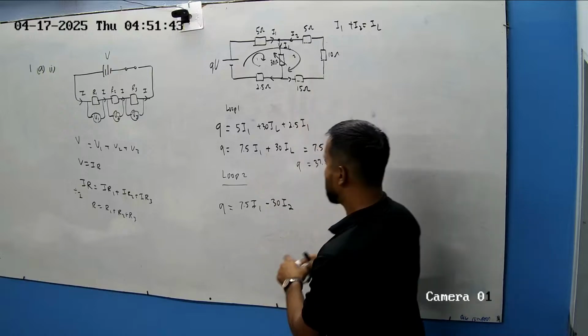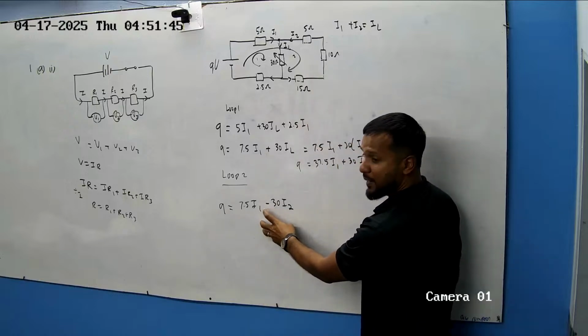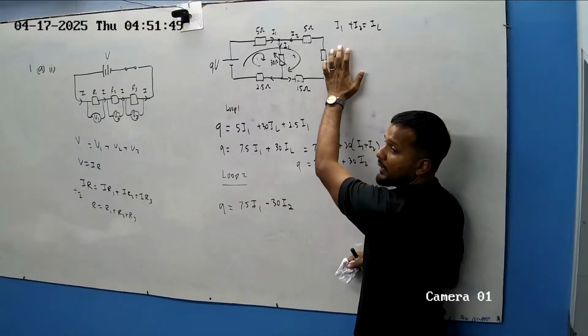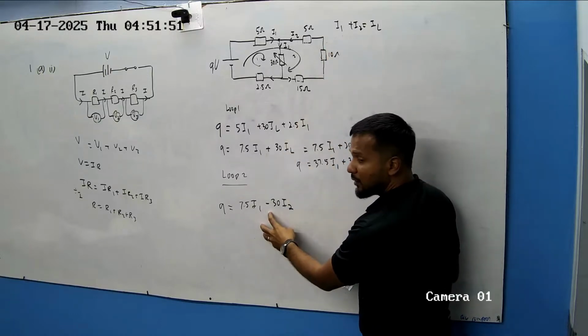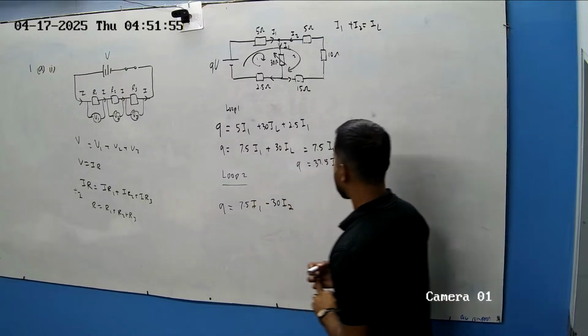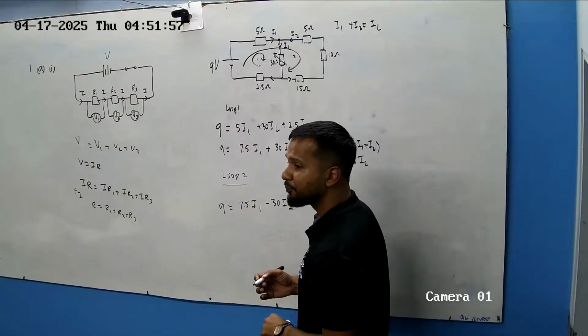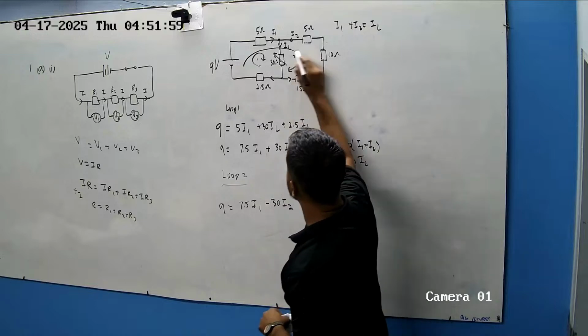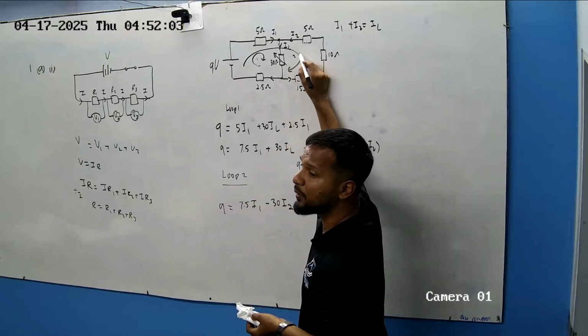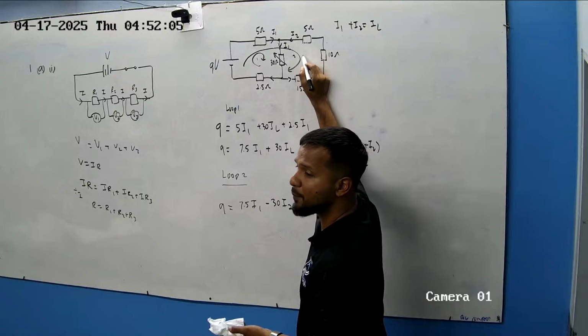The reason I'm maybe getting a mistake is because I used my loops like this and my currents like this. You can put loop 2 here. Try to see with the workout. There's no need to put a loop here because there's no EMF.